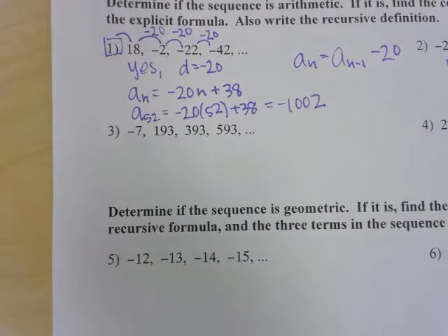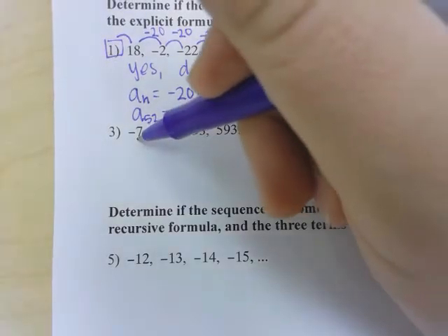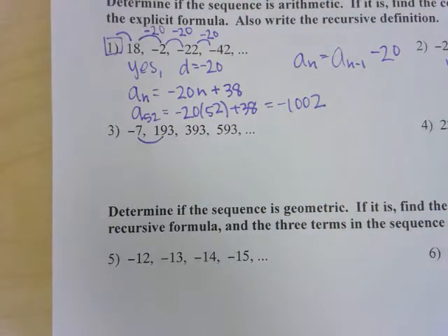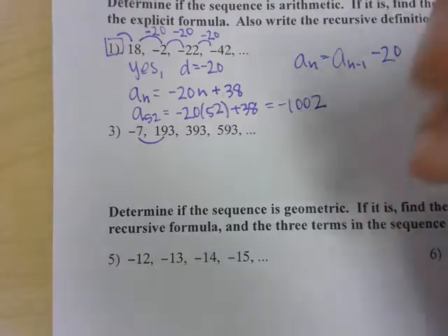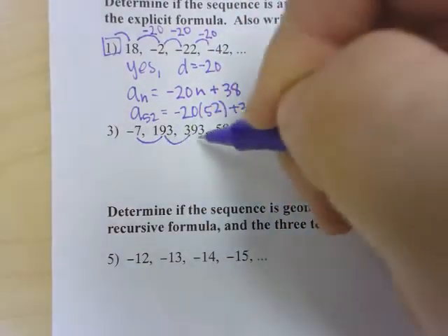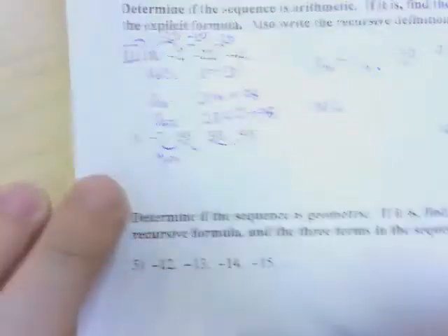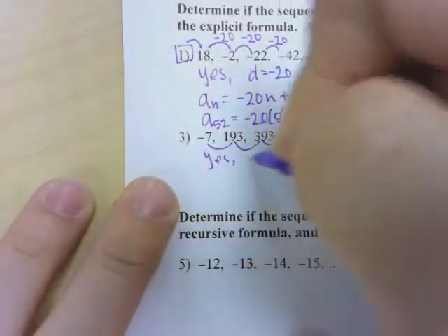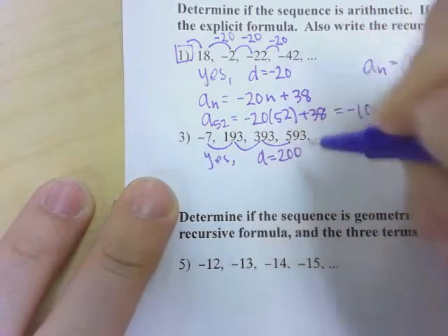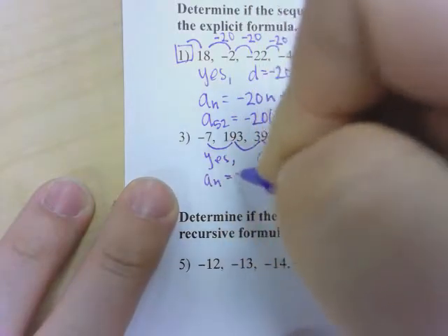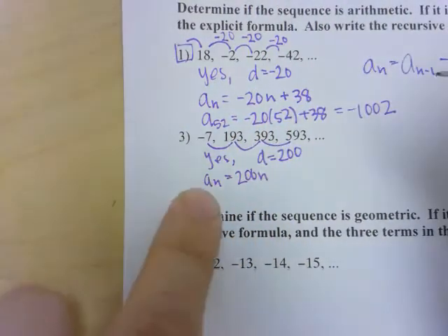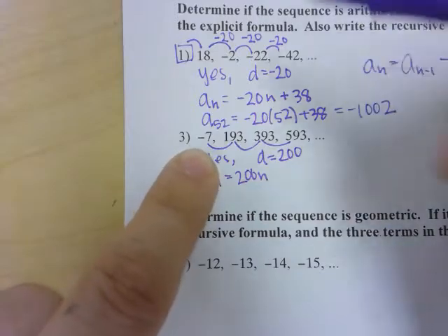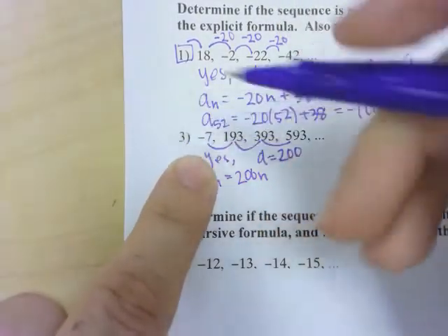Number 3, looking at these from here to here, 193 minus -7 is 200. So is it going up 200 every time? Plus 200, plus 200, yes. So D equals 200, a sub n equals 200n, and then what number would be right before this?